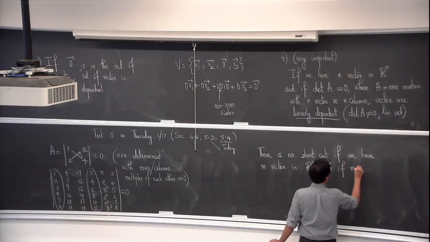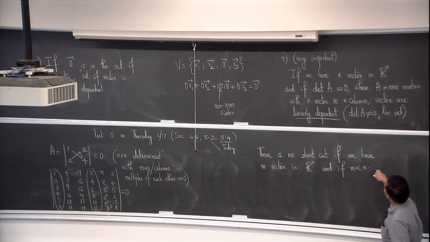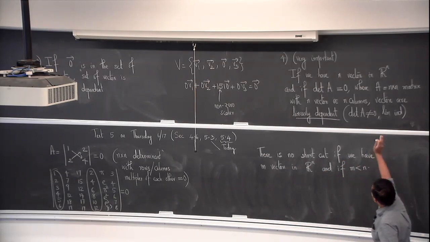We have shortcut number 2 if m was greater than n, shortcut number 4 if m is equal to n. This one we didn't find anything.